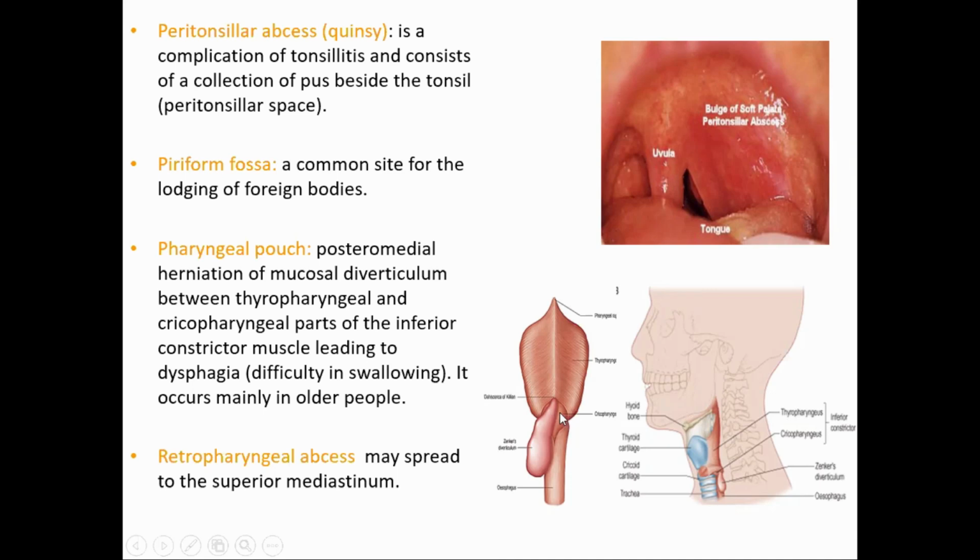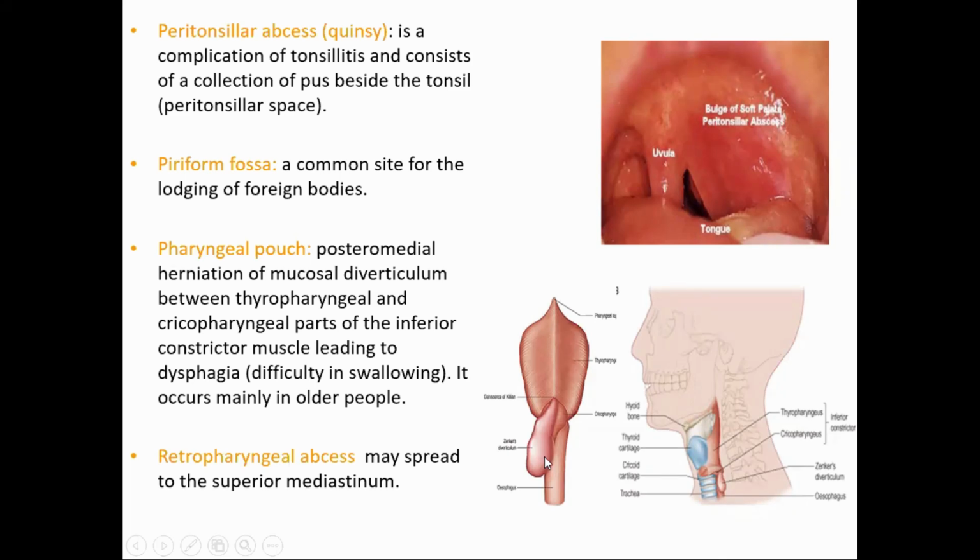That mucosal diverticulum herniates posteromedially from Killian's dehiscence. The pharynx continues downward as the esophagus. So posteromedially there is a Zenker's diverticulum.